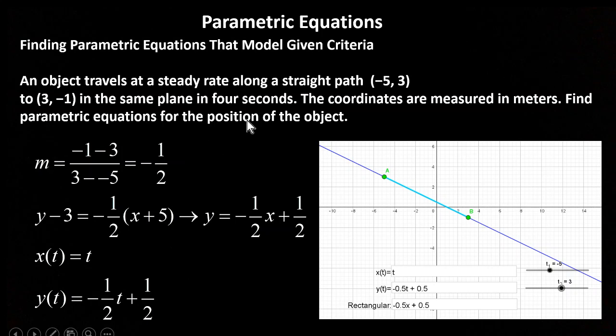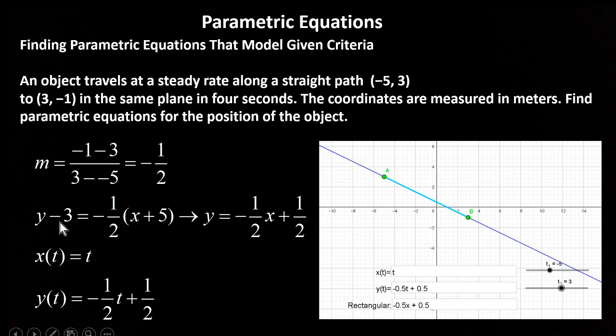That means it's a straight path, so we can find the slope, or rate is the slope. What is the slope to go from this point to this point? Well, we know slope is y2 minus y1 over x2 minus x1. So it's -1/2. And we can actually write a rectangular equation for the path.